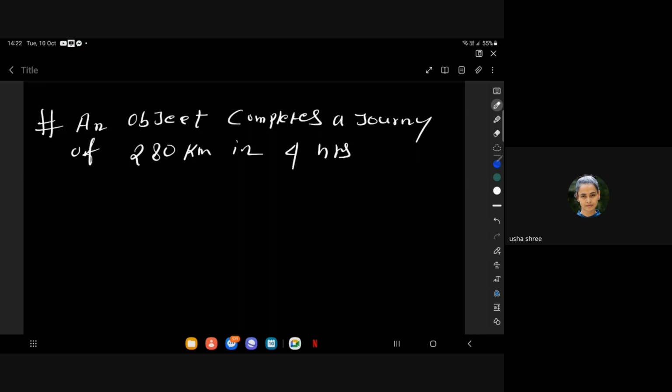An object or car, anything. Find the speed. The speed is 70, because we have the parameters given in this problem.